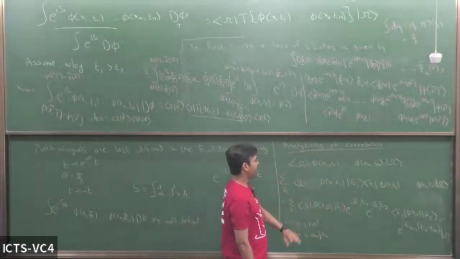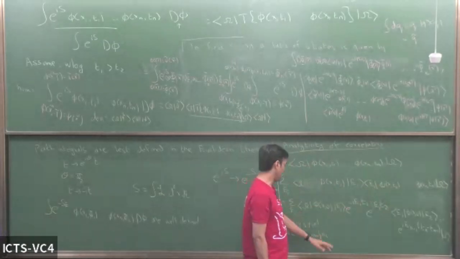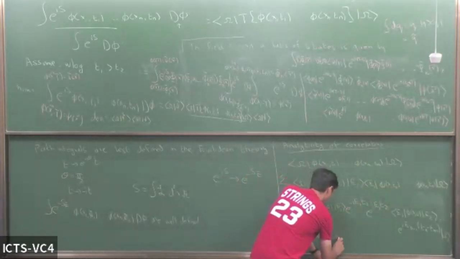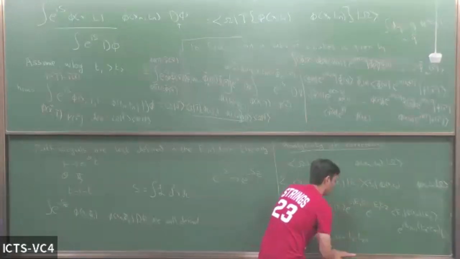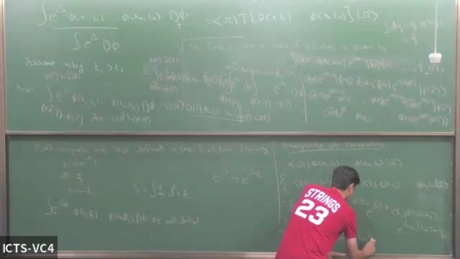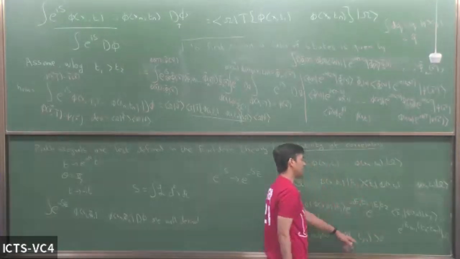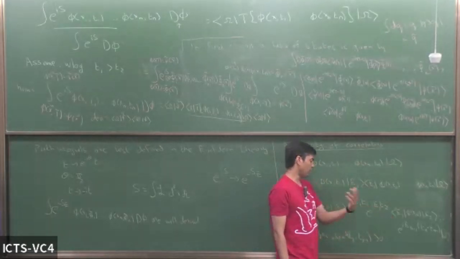Now, say this correlator is well defined for some value of t. Now say I make an extension of this correlation function so that T2 minus T1, I give it a positive imaginary part.